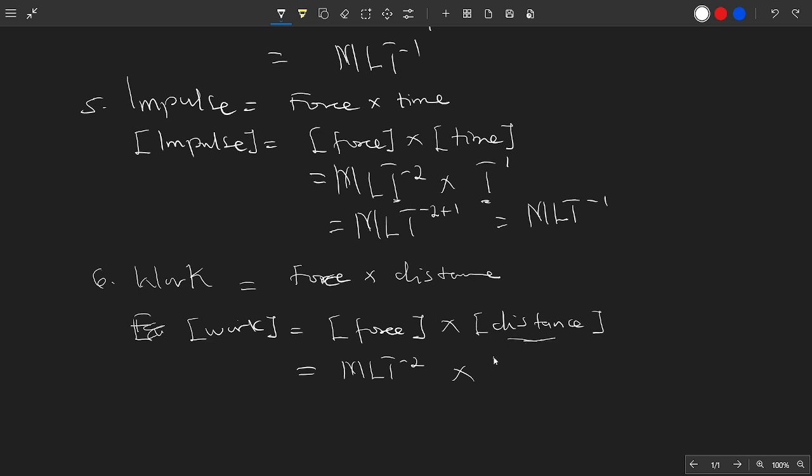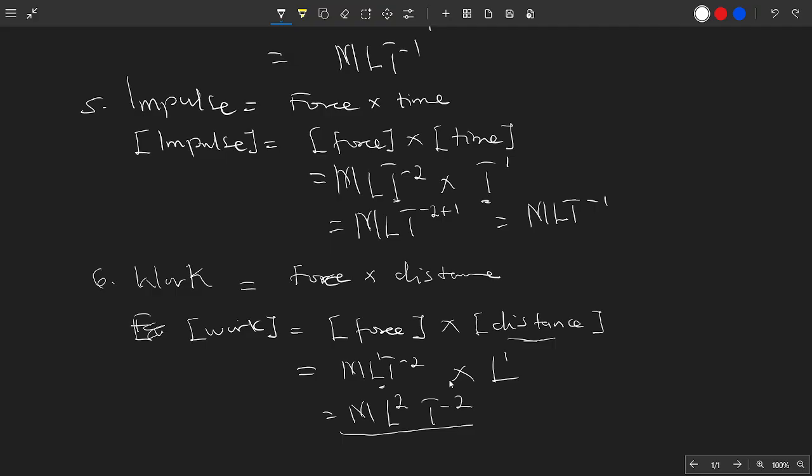So this is distance. So we represent with L. Now what happens? We have M L. This is exponent 1. This is also exponent 1. We have M L exponent 2 T negative 2. So this happens to be the dimension of what? Work. The dimension of work.